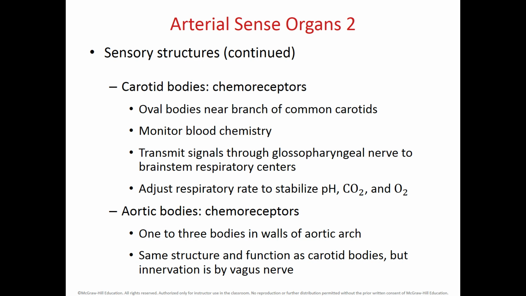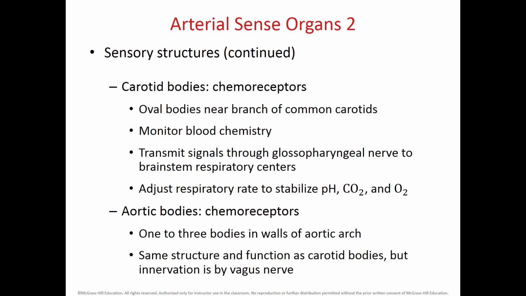These chemoreceptors help to detect changes in the chemistry of the blood, and then they also transmit the signals into the brain using cranial nerve number 9 or glossopharyngeal nerve, and then they send this signal into the brainstem or the respiratory centers, so you can adjust your respiratory rate to compensate for changes in the concentration of hydrogen ions in our body, which is known as pH, and also changes in the amount of CO2 and oxygen. For instance, if you have an increase in CO2 in your blood, you exhale more, so you will breathe faster.